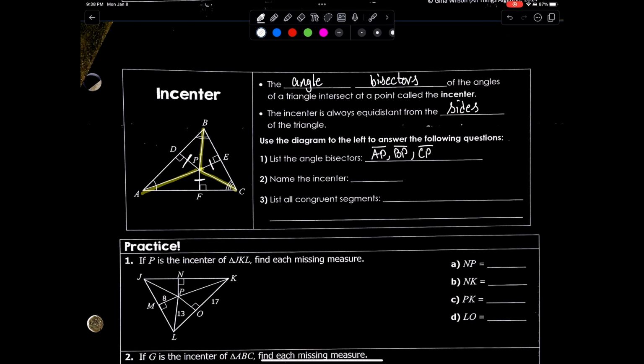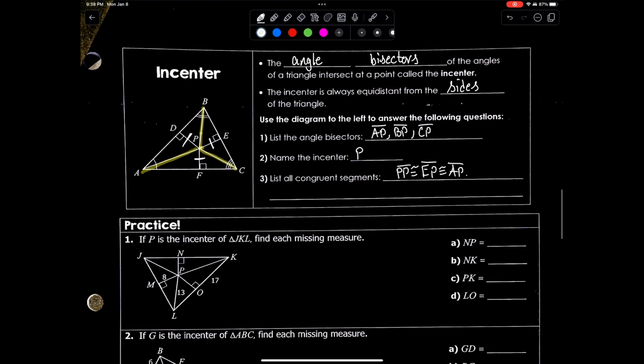So the incenter is the point P. And all of your congruent segments are PD, EP, and AP. Right there. Those are all congruent to each other.